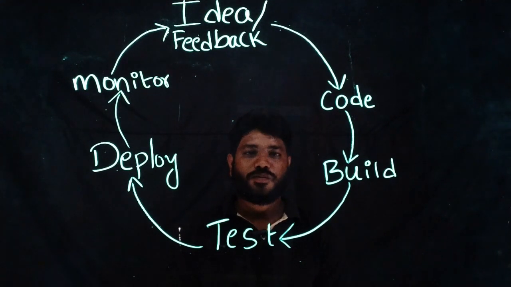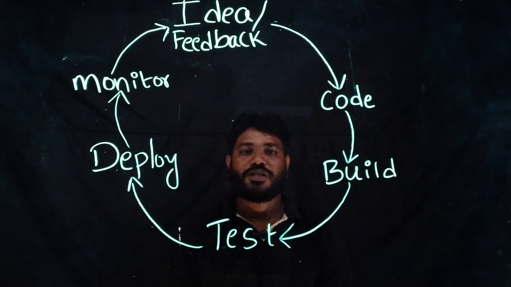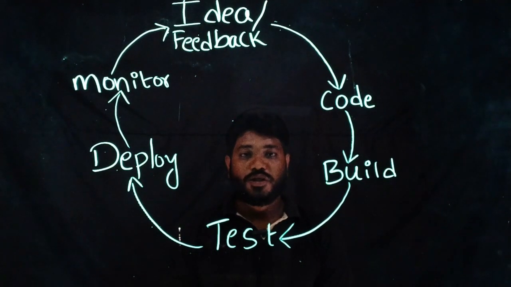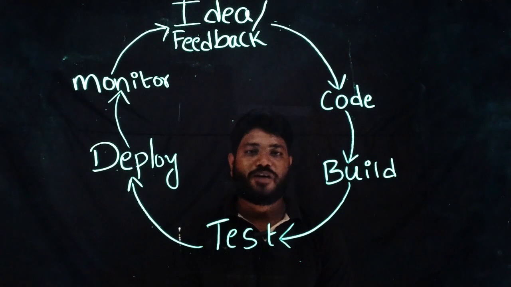So the second one is code, where you take one stack and write the code as per your business logic, which means as per your idea. You have written code that a normal human can understand, but you want to make it computer understandable, because you are going to deploy and run the code on a machine which cannot understand human language.